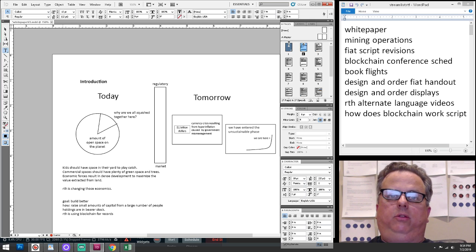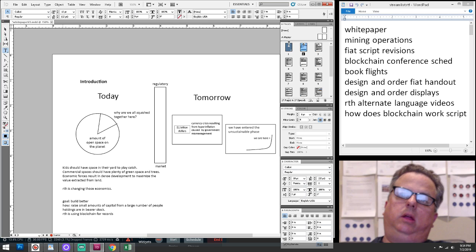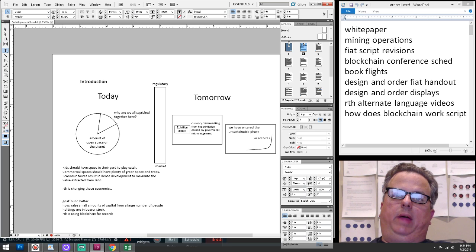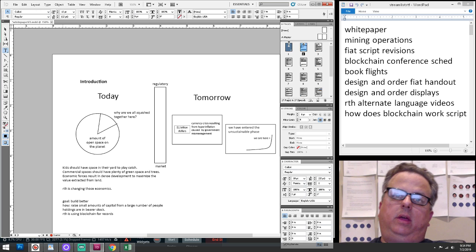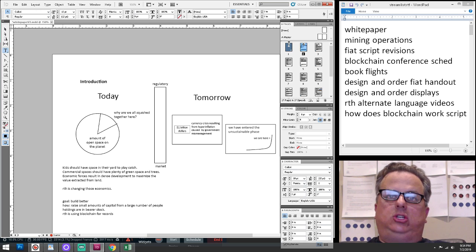That's what a share is, right? And we're simply using blockchain as our database to store that ownership record. And it's a bearer record. So if you have your keys, you own that Earth, then you own that share.